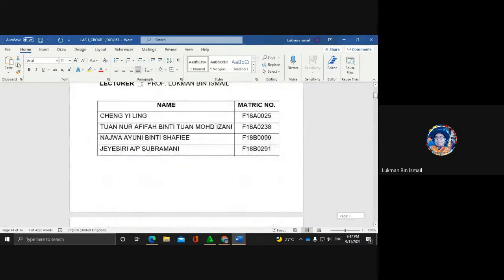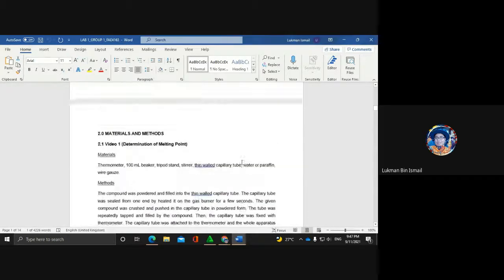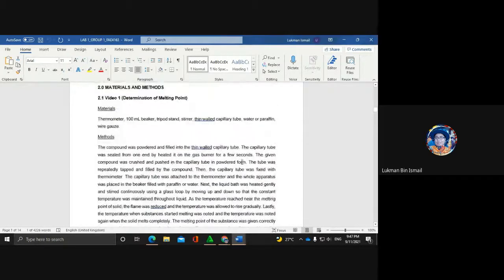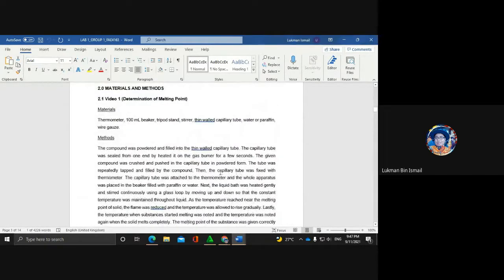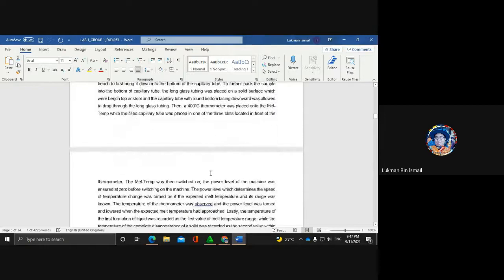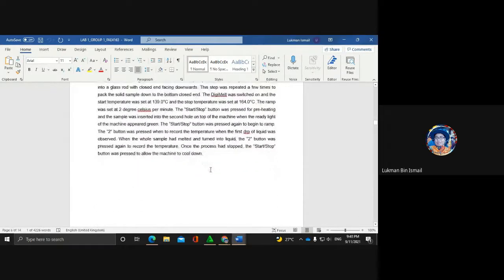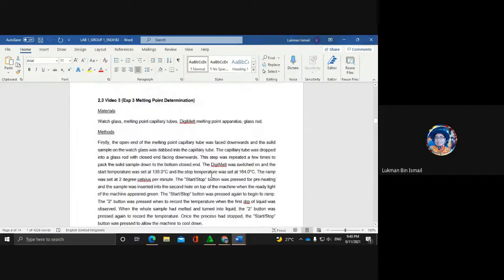You don't have the table of content. And then there are no photos, no snapshots of the video attached inside the explanation, inside the text.